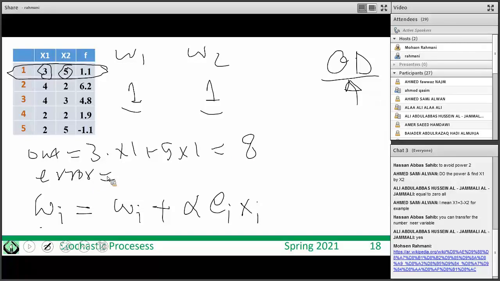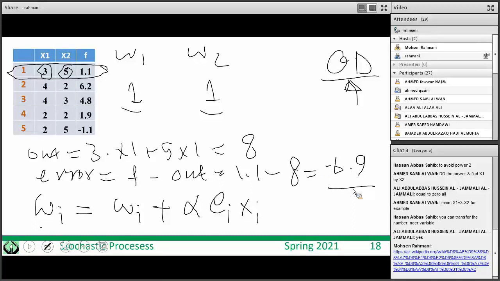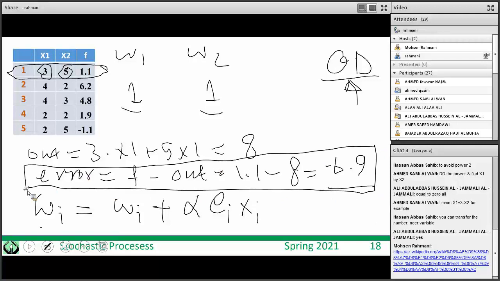The error is the desired output minus the output. This is 1.1 minus 8, which is minus 6.9. In gradient descent, we calculate the error.